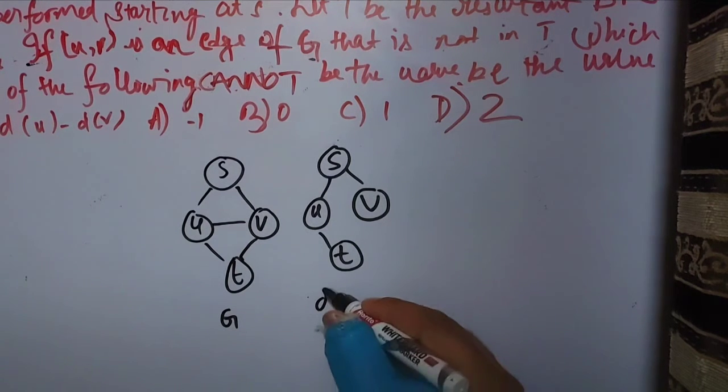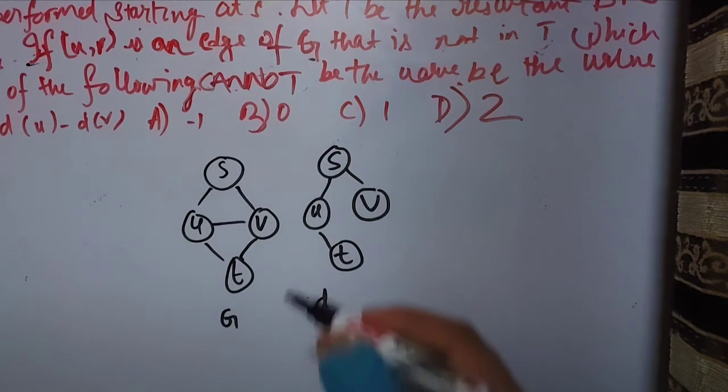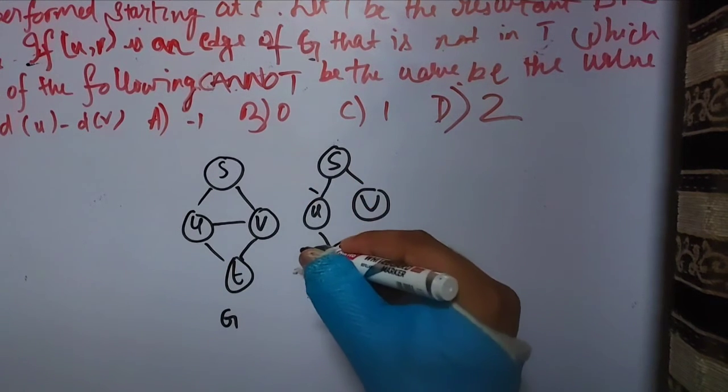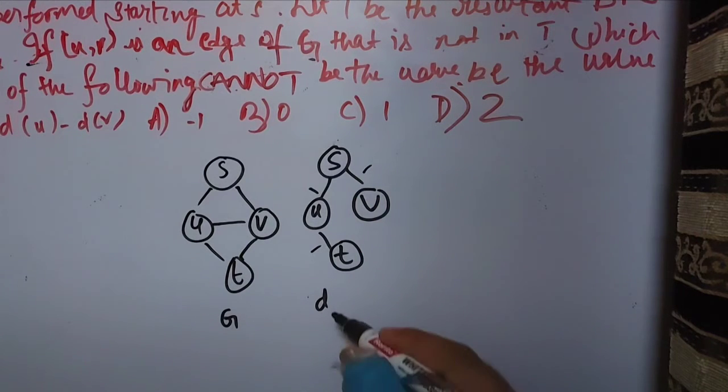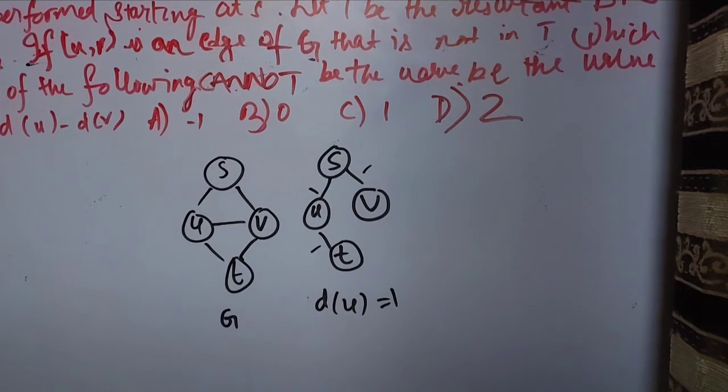So du. Here in the question it is not given that the edge weights are 1 or any other units, but for our convenience we can take the edge weights as 1 unit. So here it is 1, 1 and 1. So we can calculate du as 1 unit, and dv equals 1 unit.